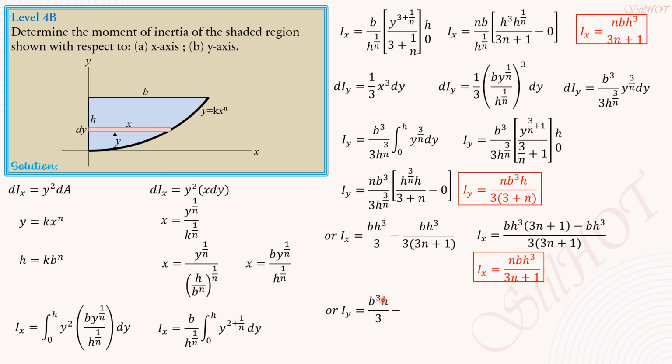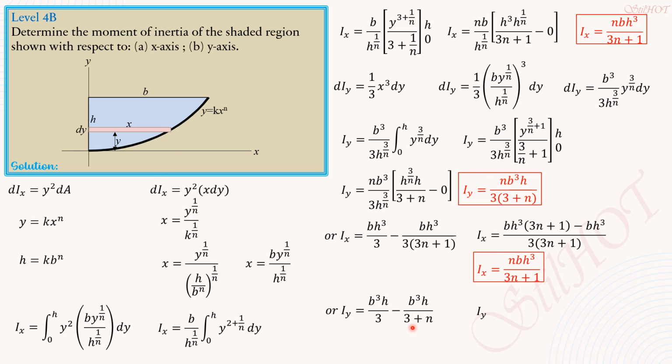Iy is b cubed h over 3 for the rectangle minus b cubed h over 3 plus n for the moment of inertia of this figure with respect to the y-axis, given by this formula or derived. This is the formula when we derived it from the level 4 problem.